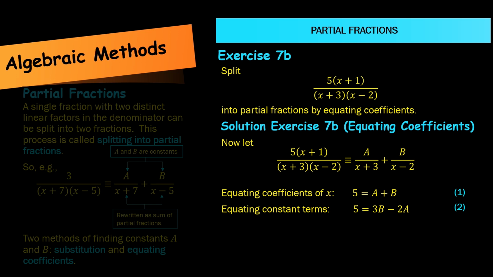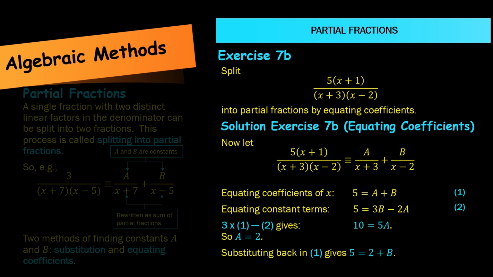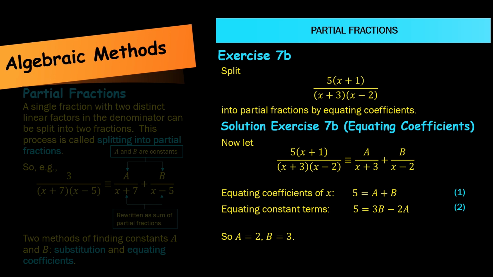Solving by multiplying the first equation by 3 and then subtracting the second equation gives us 10 equals 5a. And this gives us a equals 2. We can substitute a equals 2 back into equation 1 to give 5 equals 2 plus b. And rearranging this gives us that b equals 3. So a equals 2 and b equals 3.